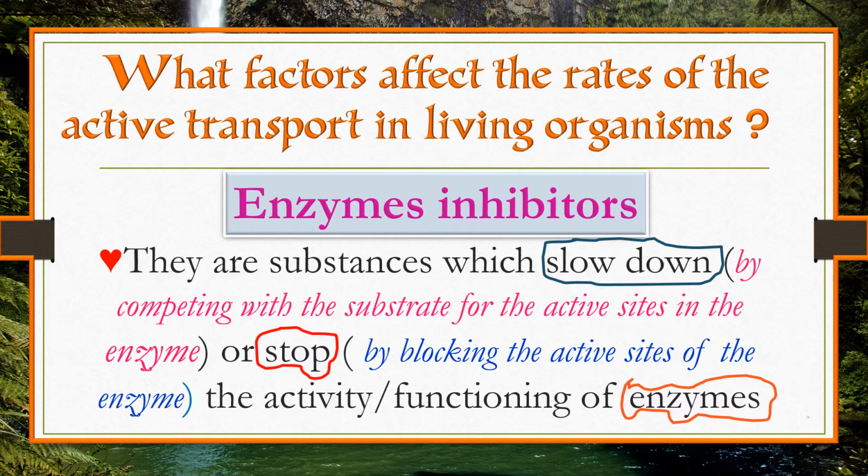They compete with the substrate for the active site of the enzyme, or they block the active site. When they do that, they prevent the substrate from accessing the active site, so they inhibit the activity and functioning of the enzyme. By doing so, we shall not get enough energy, and hence the rate of active transport in living organisms is affected.